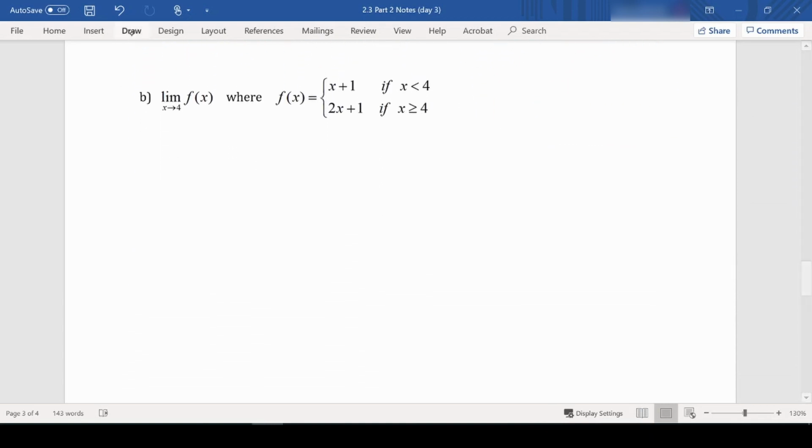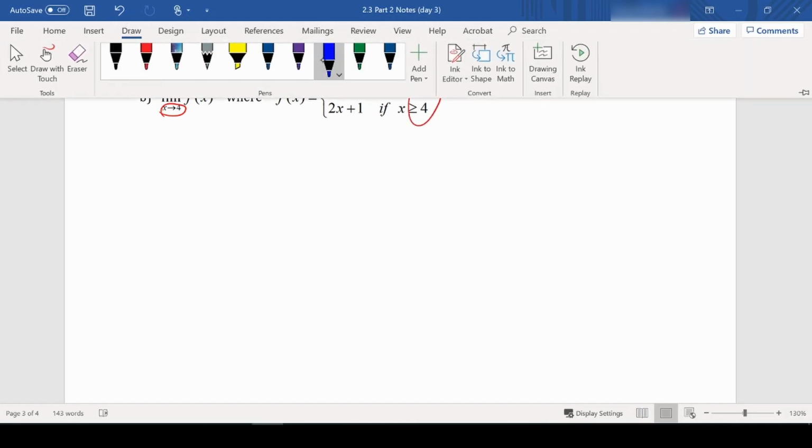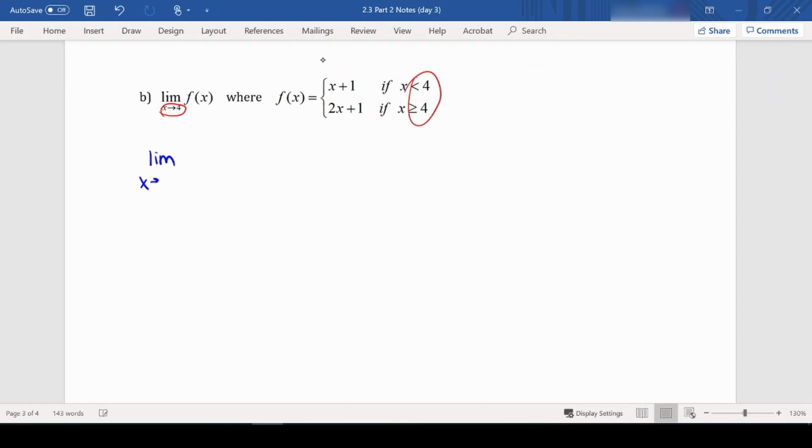So this next one here, same thing, we're approaching 4. 4 is the point where we switch pieces. So I'm going to have the limit as x approaches 4 from the right, f of x, which for us means we're slightly larger than 4. Slightly larger than 4 is that bottom piece, 2x plus 1. I can direct substitute into that, and I get 2 times 4 plus 1, which gives me 9.